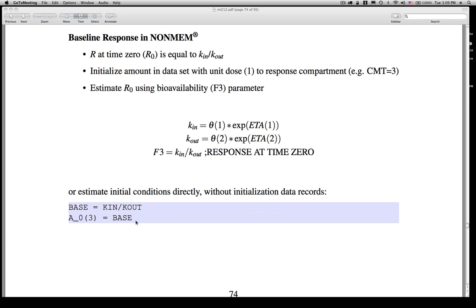I'm going to set them equal to base here, and base is a parameter that's a function of K in and K out. So that does the same thing as we described above, except it does not require the insertion of dummy data records at time 0. So we can estimate initial conditions directly without initialization data records by using this method.